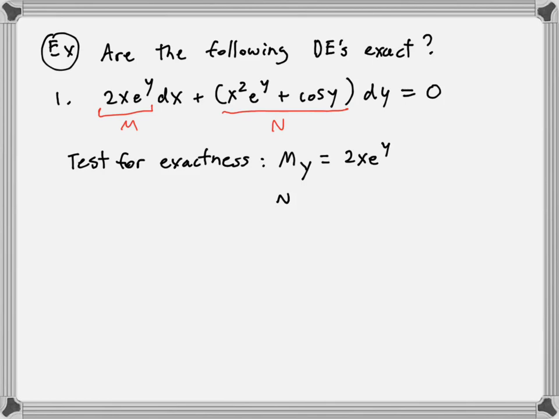Partial of N with respect to x, if you take the partial derivative of that with respect to x, it's just 2x e to the y because the cosine y term goes away. And these are equal to each other. So it is exact.